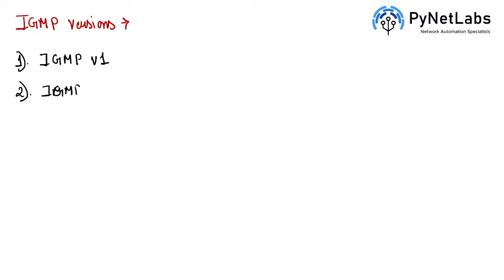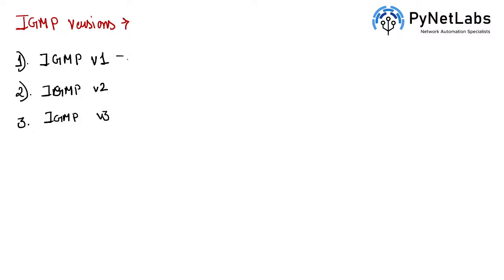When it comes to IGMP versions, there are three: IGMP version 1, IGMP version 2, and IGMP version 3. There are some differences between all these versions.